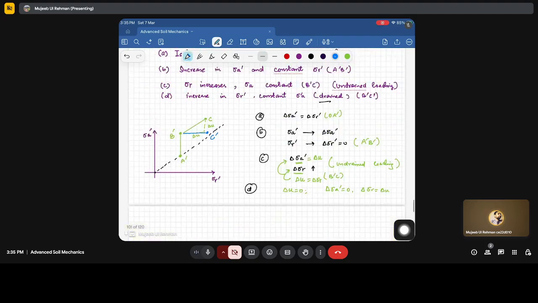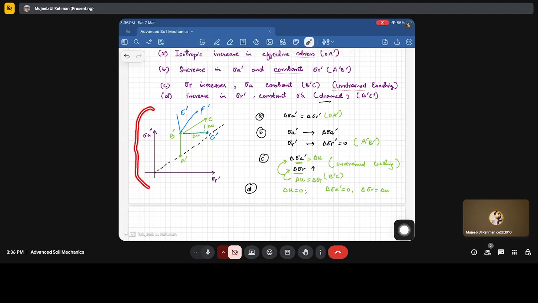Now, if we talk about the stress plots, for example, we have this stress state P and Q, and there are the states A dash, B dash, C dash. For example, there is another state going here, E dash, F dash. If we look at this plot, it is giving information about how we are loading the sample.